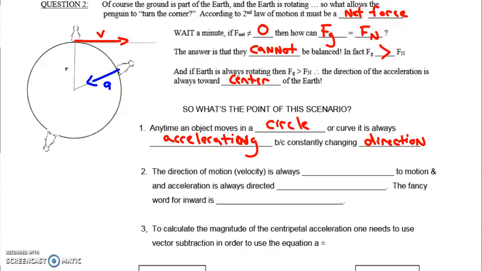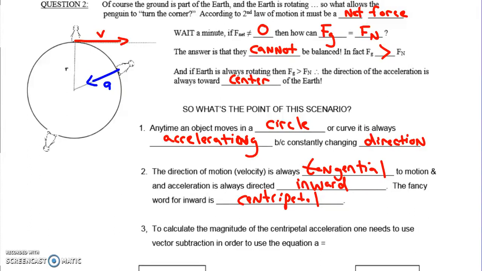So we say that it is tangential. All that means is that it is tangent to the circle at every point. And the acceleration is always inward. The fancy word that you see for inward is centripetal, which comes from the Greek for center seeking.